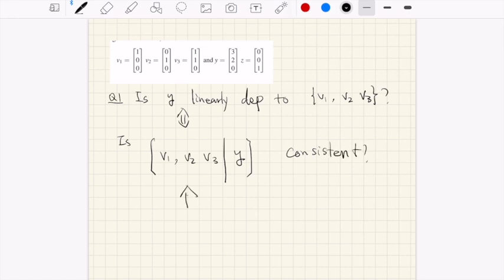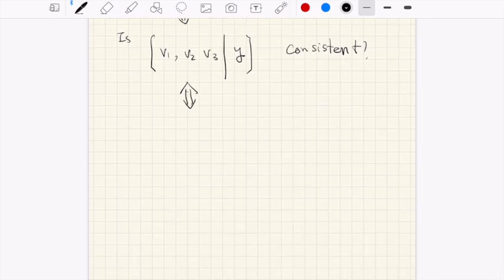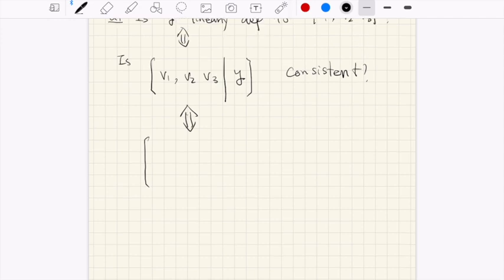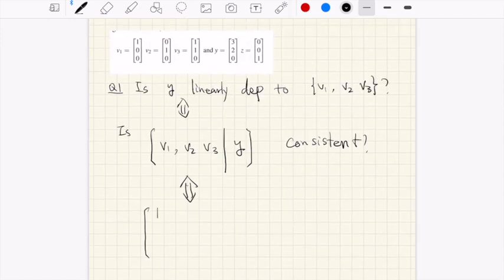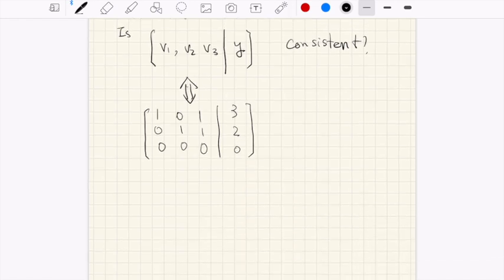Now, that means you want to look at Gaussian elimination. So v1, v2, v3 is given by 1, 0, 0, 0, 1, 0, 1, 1, 0, and 3, 2, 0. And this is a relatively simple augmented matrix.